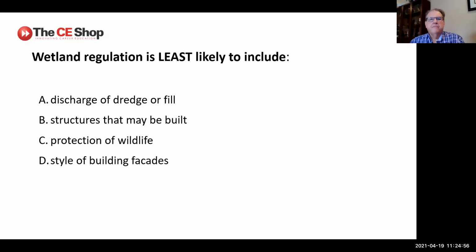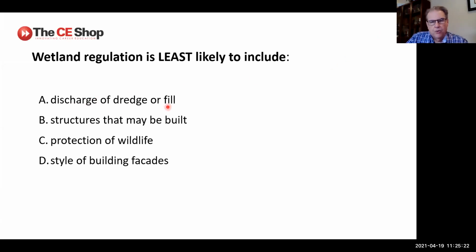Wetland regulation is least likely to include discharge of dredge or fill, structures that may be built, protection of wildlife, style of building facades. And again, we're looking at least likely to include, well, process of elimination.